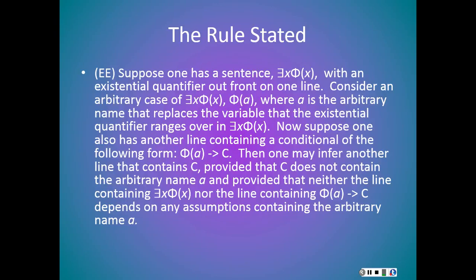Now suppose one also has another line containing a conditional of the following form: if phi a then c, then one may infer another line that contains c, provided that c does not contain the arbitrary name a, and provided that neither the line containing the original sentence nor the line containing the conditional depends on any assumptions containing the arbitrary name a.